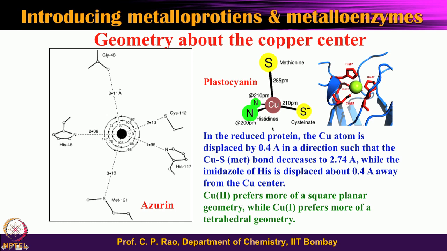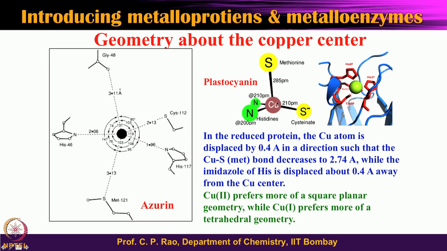Let us look at a little more how such a distorted geometry will help. You see the kind of distortion in plastocyanin here. The methionine bond is 2.85 angstrom, in other words 285 picometers, which is very far from the normal one. The normal one in thiolate is about 2.10. This is from an oxidized protein.